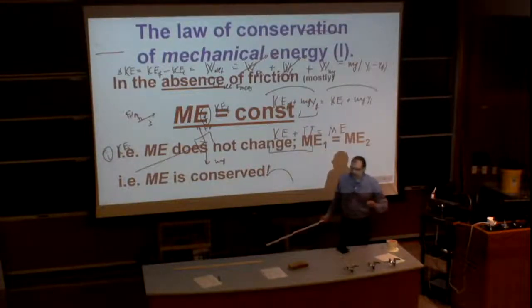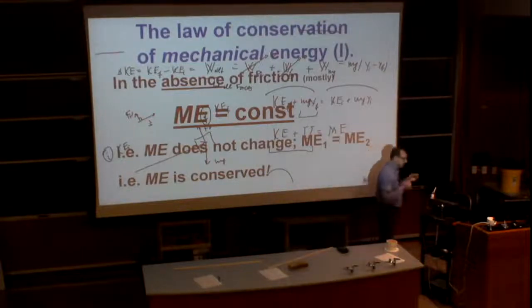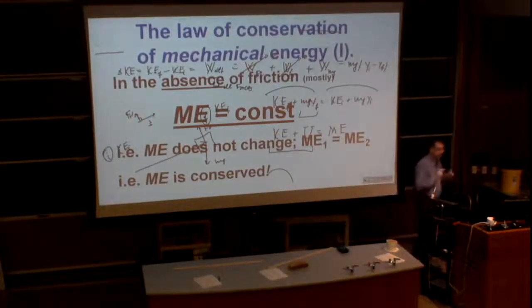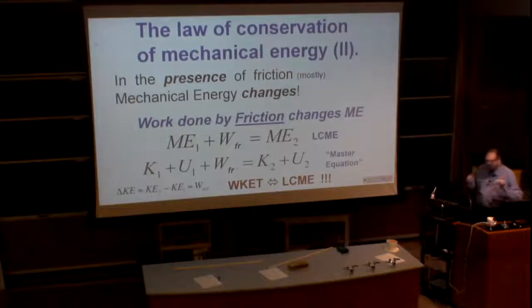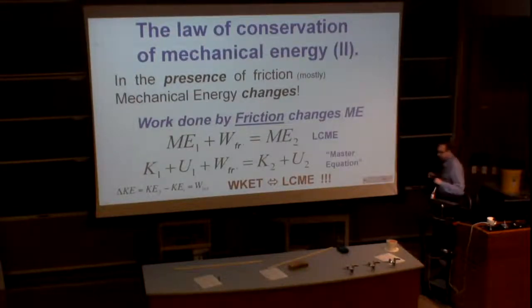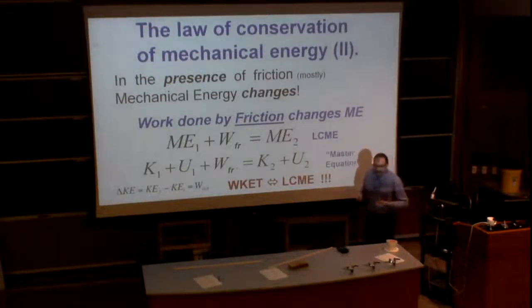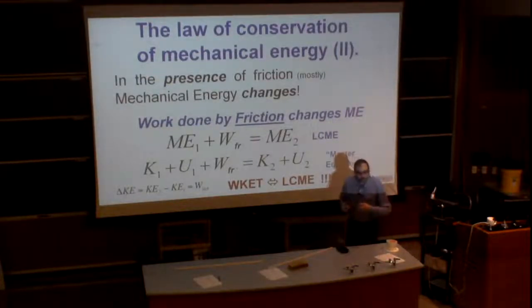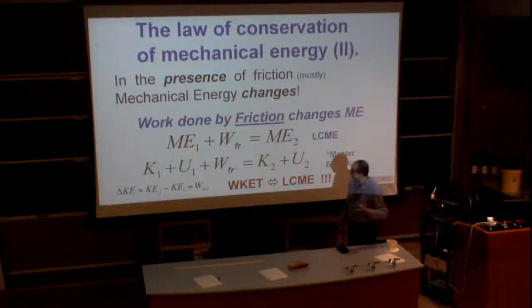So mechanical energy is conserved, doesn't change, remains the same when there is no friction acting on a system or in the system. When friction is acting, it changes mechanical energy, actually decreases. Friction is not the only force which might change mechanical energy, but we just stick to friction.